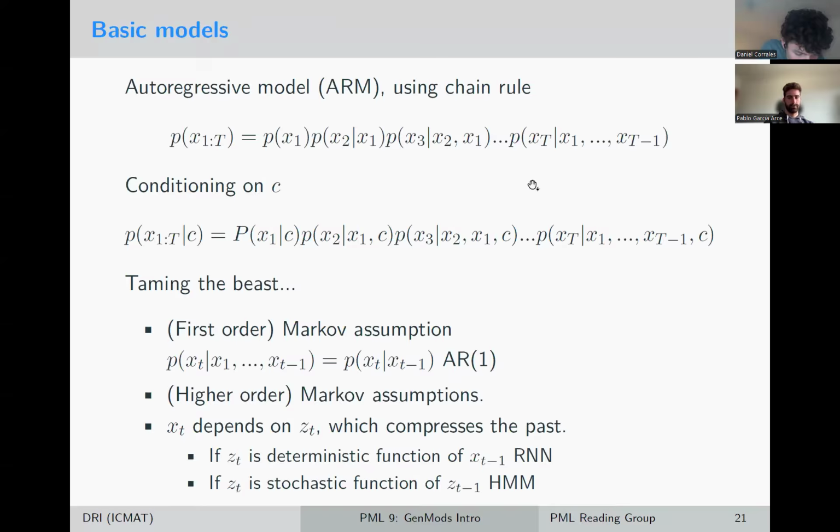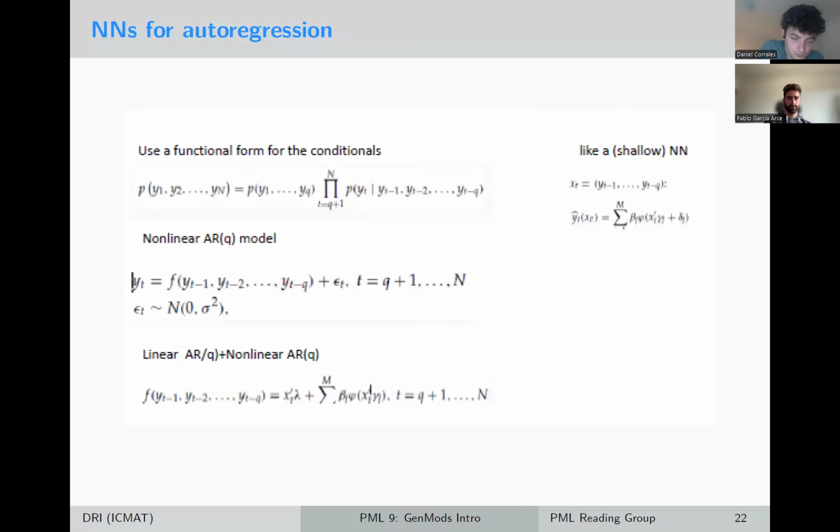That's the same kind of decomposition, but we limit it to Q instances. So we make the Markov assumption there. And the idea would be to use a neural network to model this.